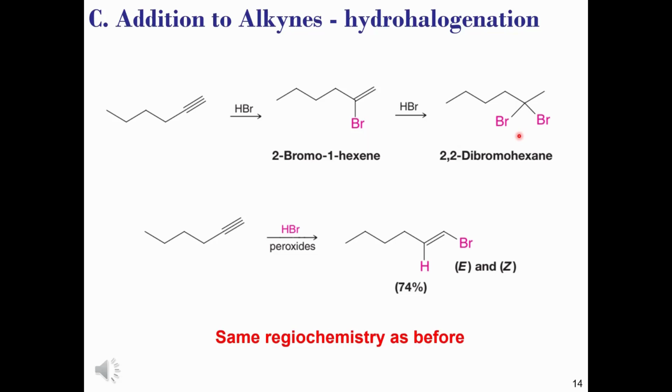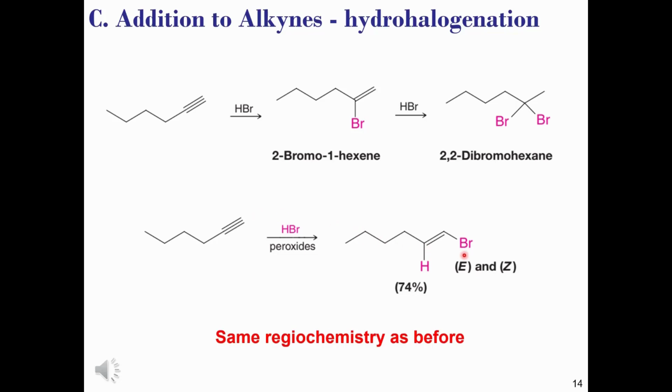The second reaction shows anti-Markovnikov products are also possible with a terminal alkyne. So a single addition of hydrogen bromide in the presence of an organic peroxide or hydrogen peroxide would yield an E or a Z alkene, which places the halogen atom at the terminus of the molecule.